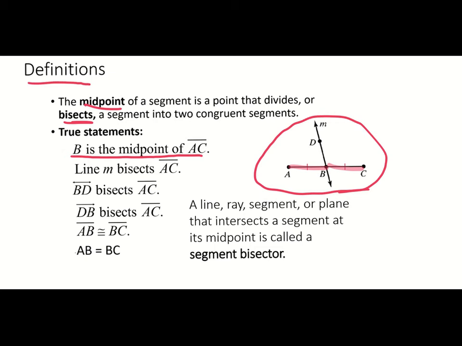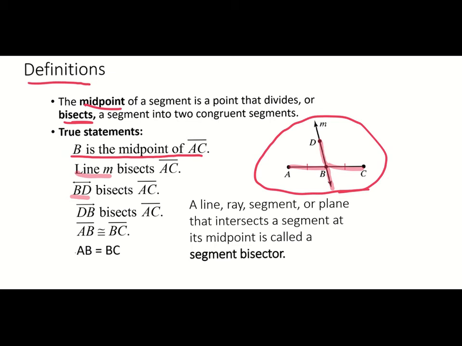Another way to say that would be line BD bisects segment AC. So they just name the lines two different ways. You could also look at it as ray DB bisects segment AC. Because they are two congruent segments, we know that AB is congruent to BC.